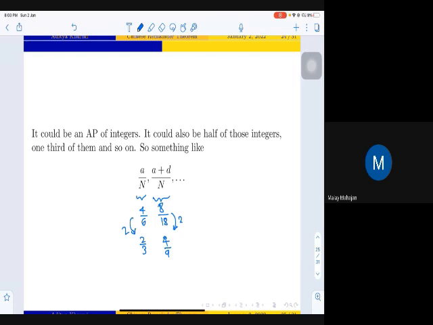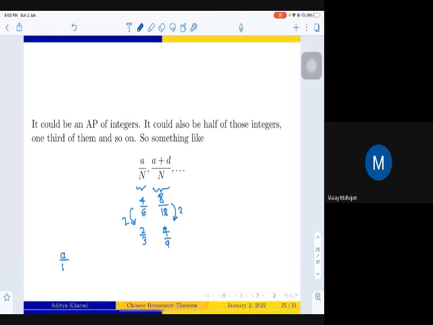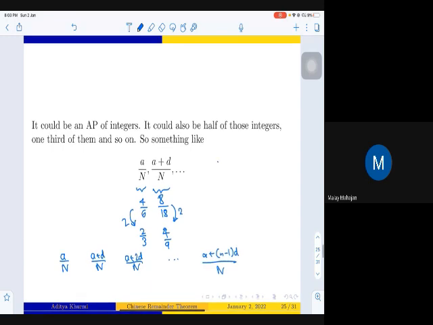So let's say you have the sequence a by n, a plus d by n, a plus 2d by n, and so on, up to a plus (n minus 1)d by n. And by the way, as before, let's list down what we can choose: we can choose a, we can choose d, and we can choose n.